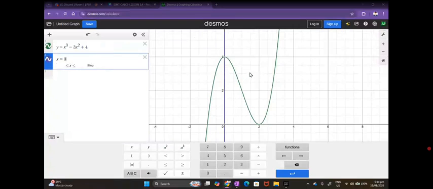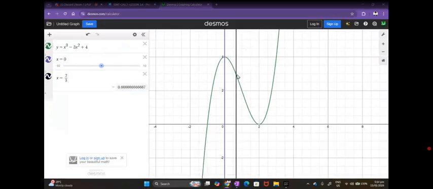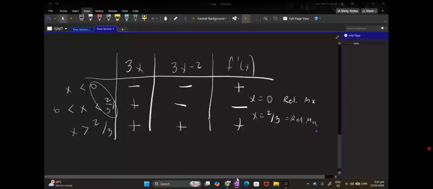X is equal to 0, increasing siya. Pagdating here, x is equal to 2/3. Yan, 2/3. Decreasing na siya pagdating sa 2/3, di ba? Pababa na siya. Yan, pababa. So, ayun yung purpose ng first derivative test.